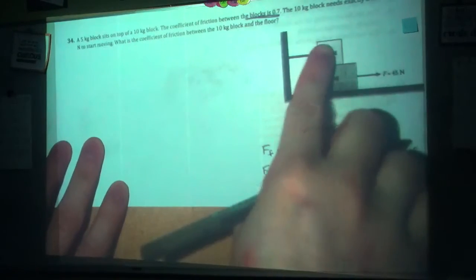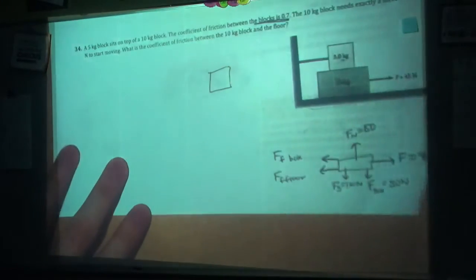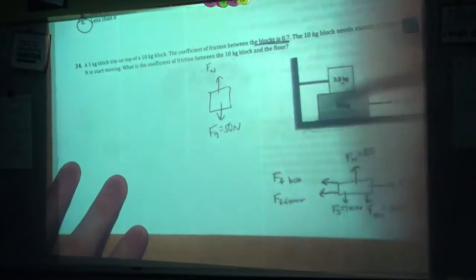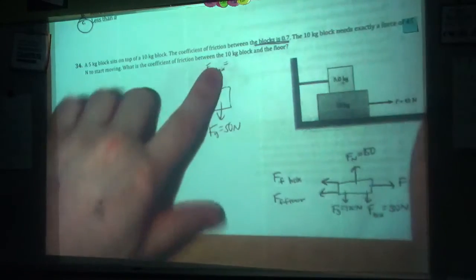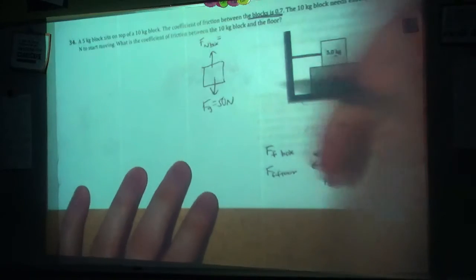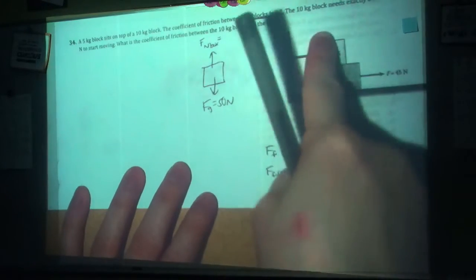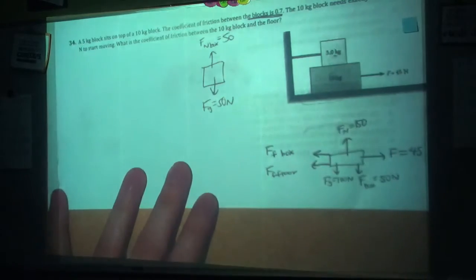So I think it's a little bit easier to think about this 5 kilogram to find the force of friction. It has its own weight of 50 newtons, and then it feels a normal force from the block, not from the floor. So I'm going to call this F normal from the box, and the force of the boxes on one another is 50 newtons. That means this box is pushing up 50 newtons, which makes sense because it's balanced up and down.